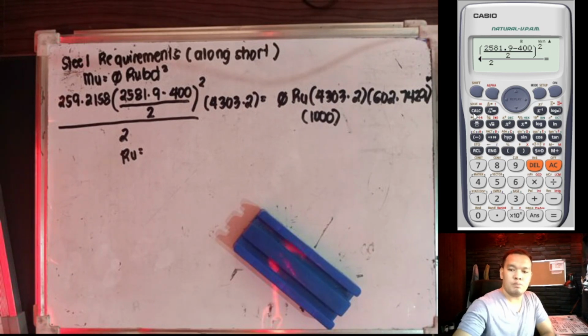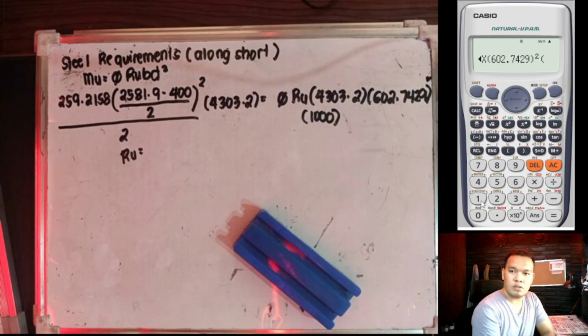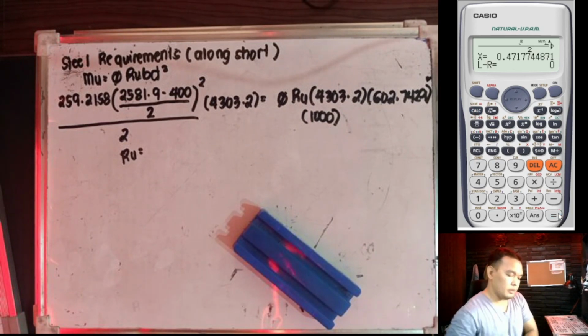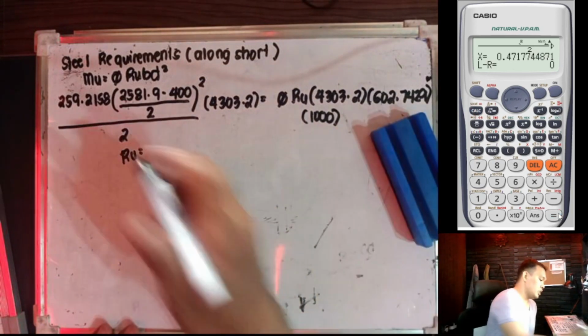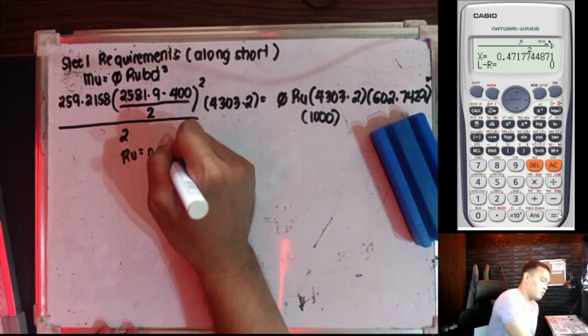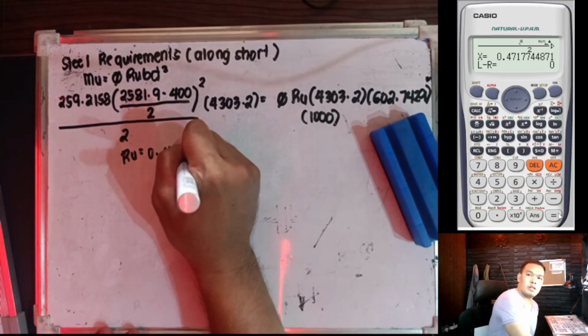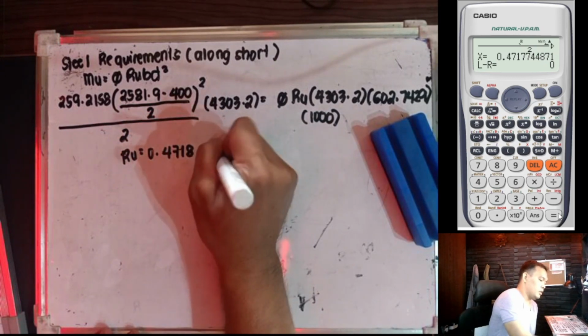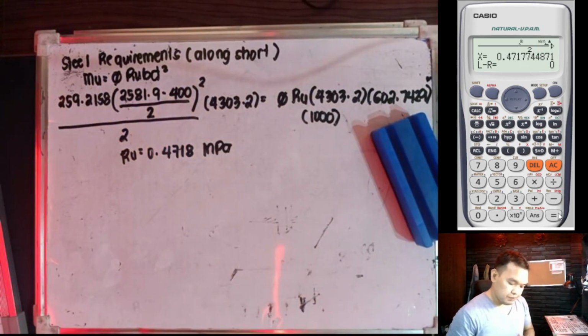So, we have here 0.9 multiplied by 4303.2 times 602.7429 quantity squared times the conversion factor, which is 1,000. Okay? So, we have here RU is equivalent kay 0.4718 MPa. Okay?